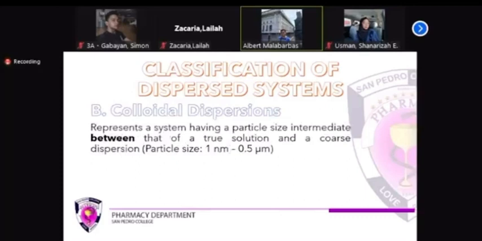Next, colloidal dispersion, it has a particle size intermediate between that of a true solution and a coarse dispersion. Kung sa true solution, less than 1 nanometer, for your colloidal, it's between 1 nanometer to 0.5 micrometer.